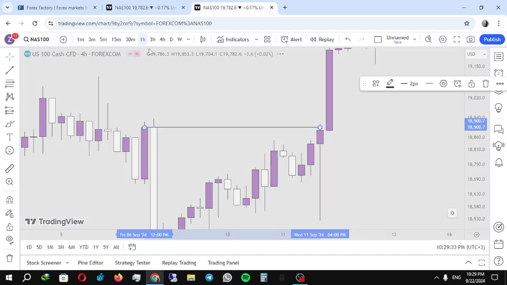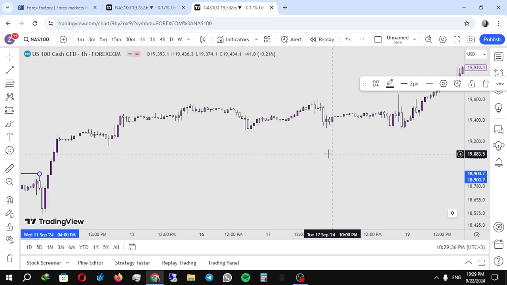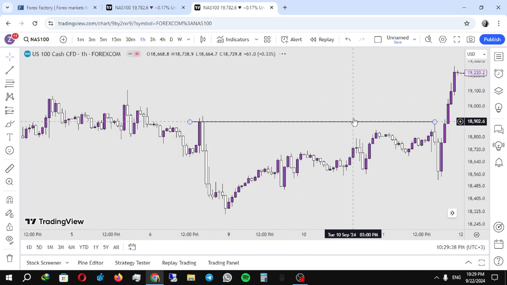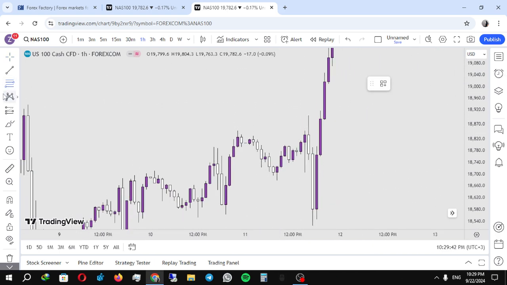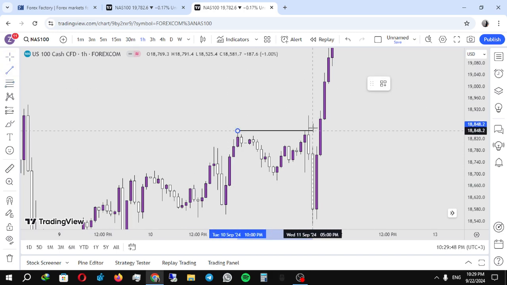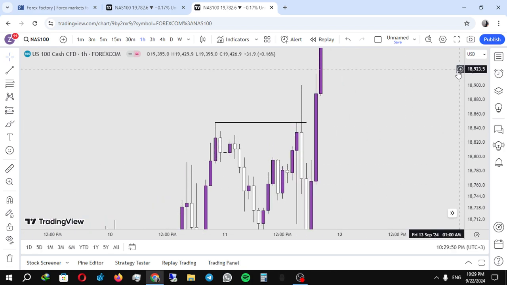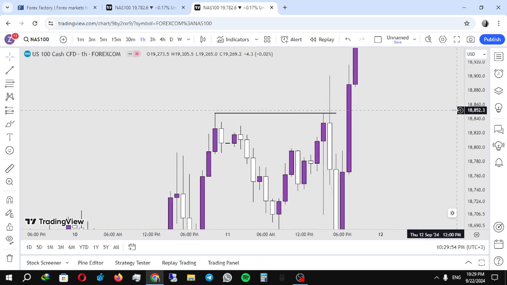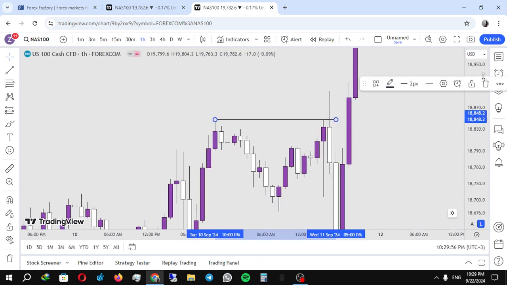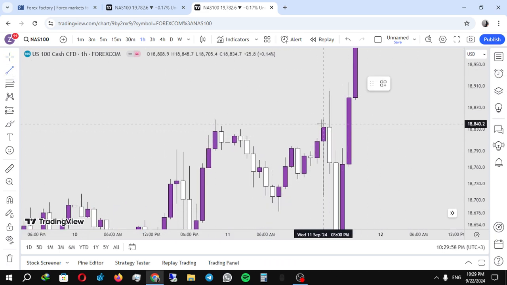At the same time, on the hourly chart, let me remove that order block for a second. We have a sweep, the 2022 mentorship model, and after the sweep we have run stops.